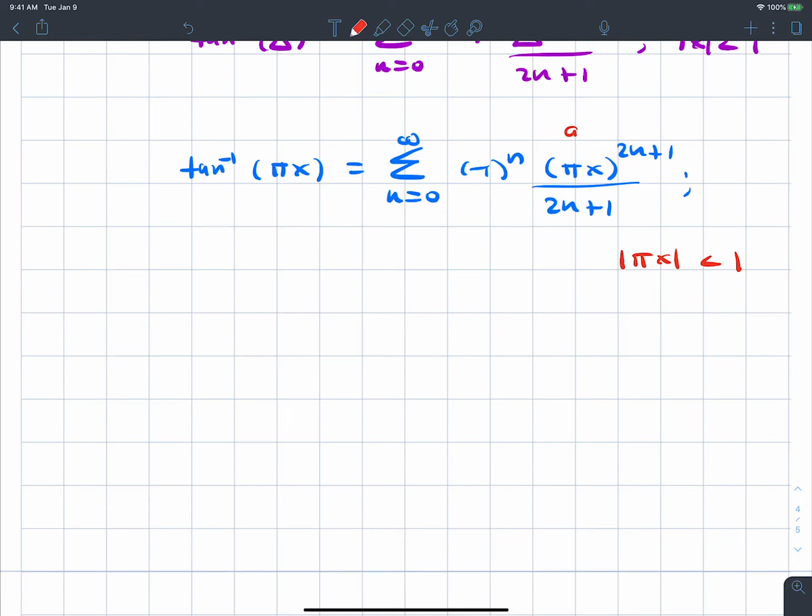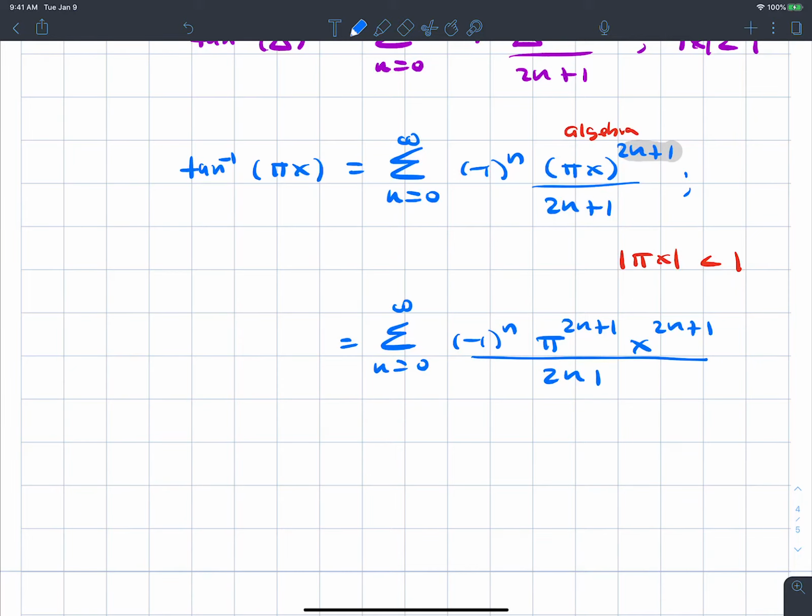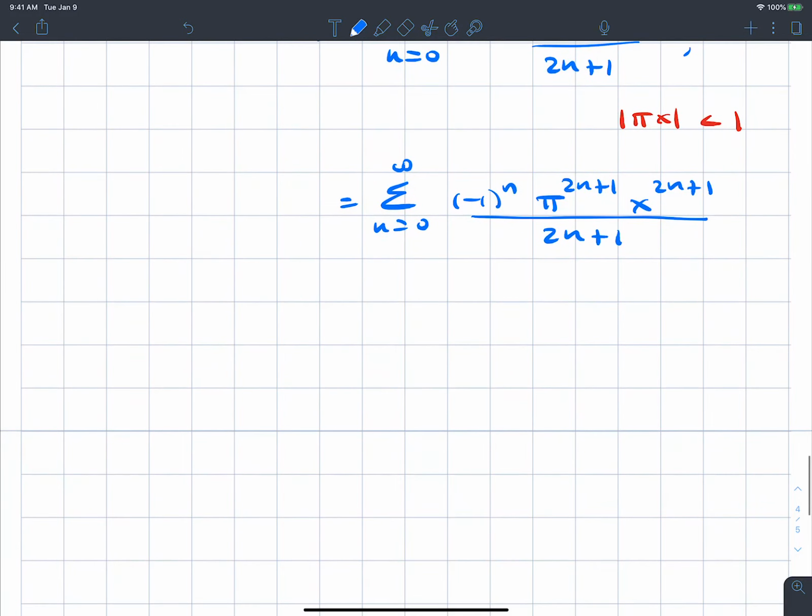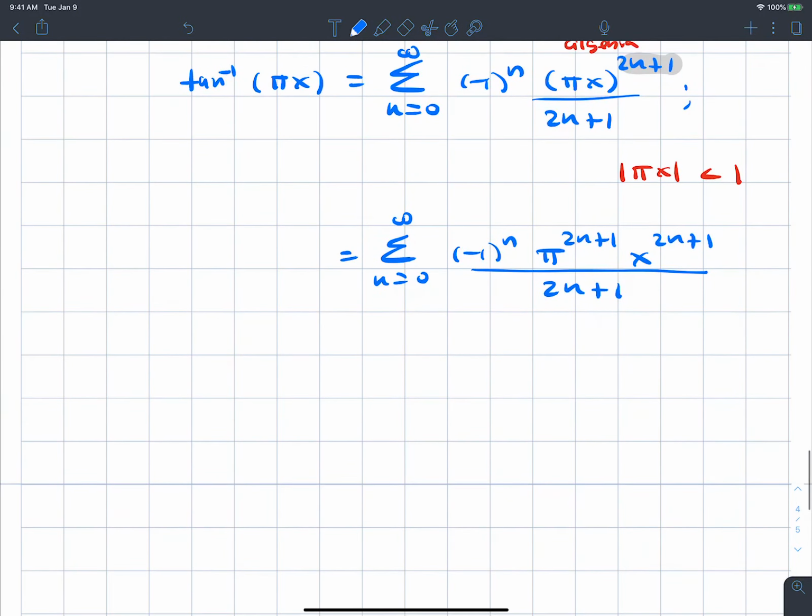So at this point, we're going to do a little bit of algebra, properties of exponents, and we obtain here the sum n is 0 to infinity, negative 1 to the n, pi to the 2n plus 1, x to the 2n plus 1, everything over 2n plus 1. And here's your power series expansion for the inverse tangent of pi x.